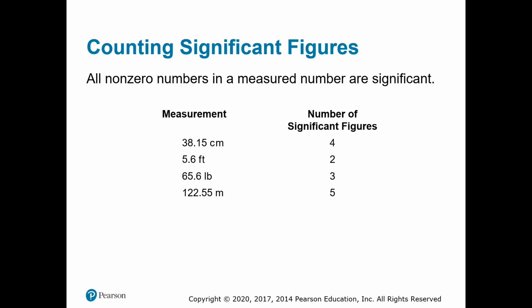So in each case here, literally I'm just counting up the digits because there's no zeros here. I can say, all right, well, 1, 2, 3, 4. Okay, 4 significant figures. Bottom one, 1, 2, 3, 4, 5 significant figures. And that's what we need. So we're going to have to keep track of that if we're going to do calculations with this later.